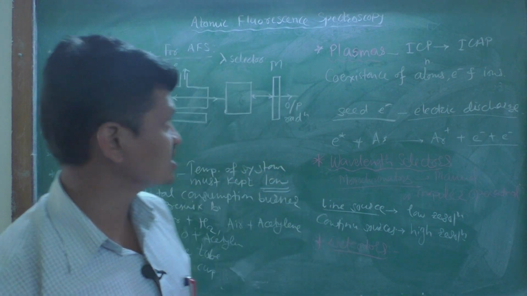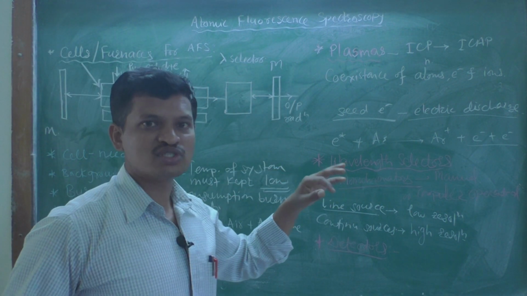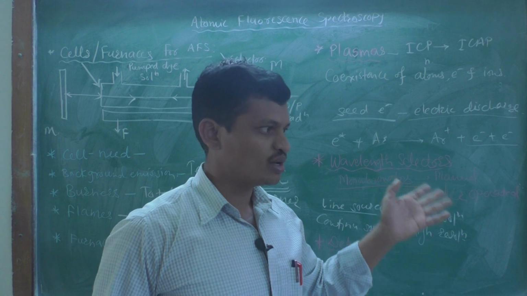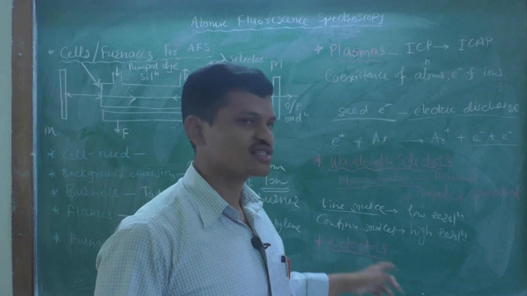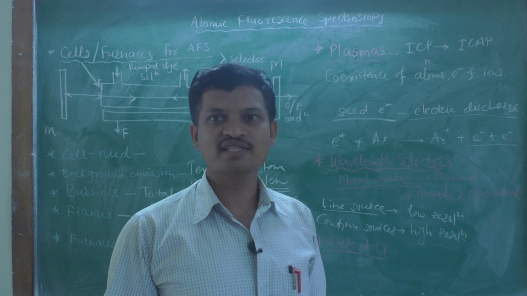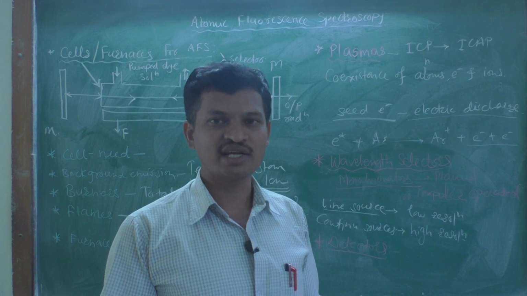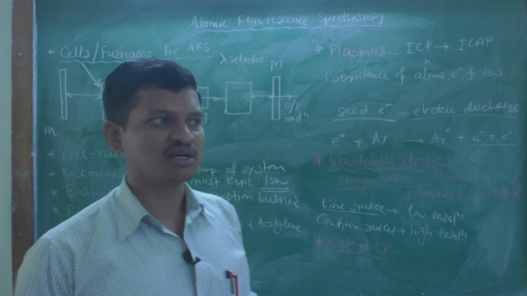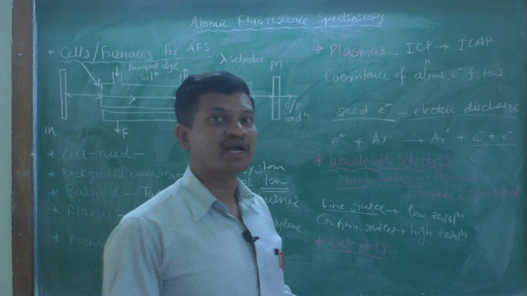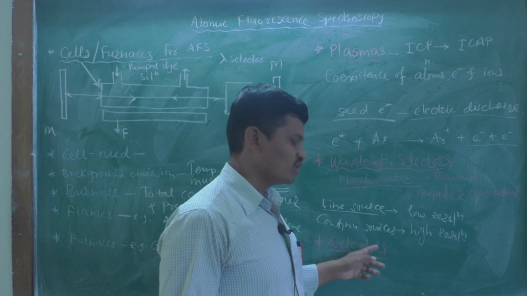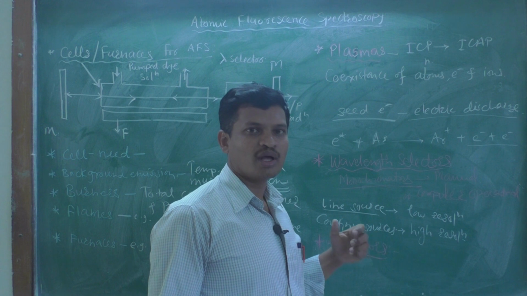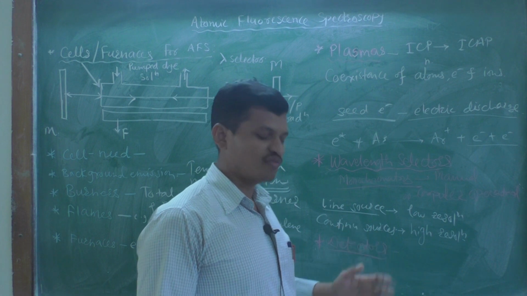That emitted radiation is known as fluorescence, and when that fluoresced radiation is focused on the detector, the detector converts it into an electrical signal and gives that signal to the readout devices. So detectors have an important role in AFS also.